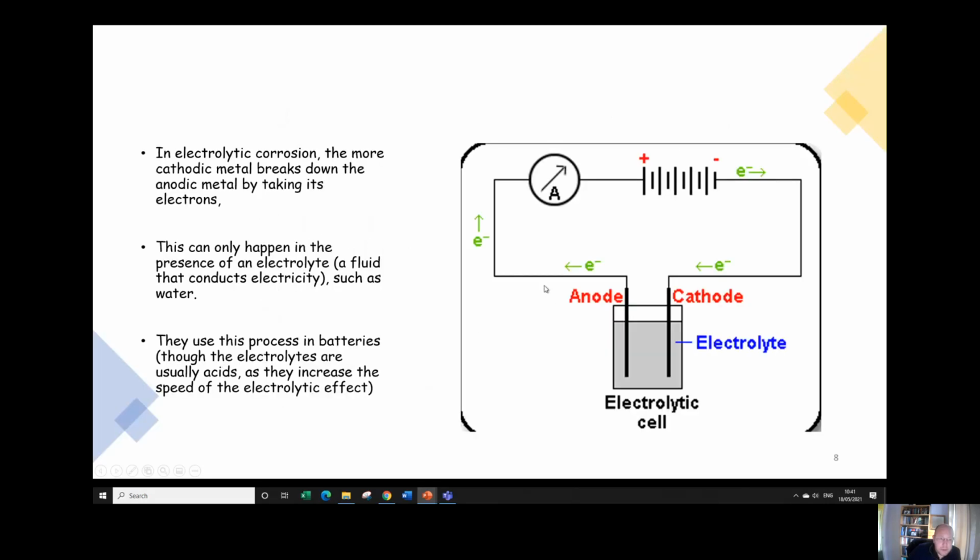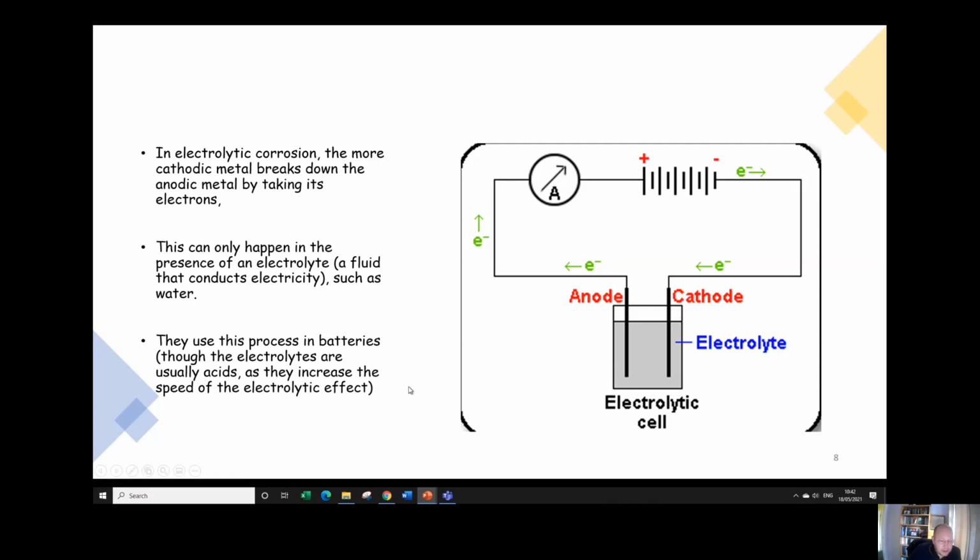Okay, so in electrolytic corrosion, the more cathodic metal breaks down the more anodic metal by taking its electrons. It can only happen in the presence of an electrolyte, which is a fluid that conducts electricity, such as water. And they use this process in batteries. Though generally speaking, in batteries, the electrolyte would be acids normally, because an acid would increase the speed of the electrolytic effect.